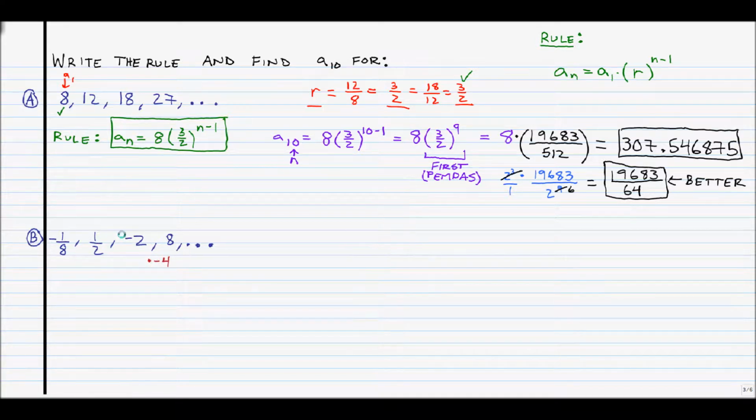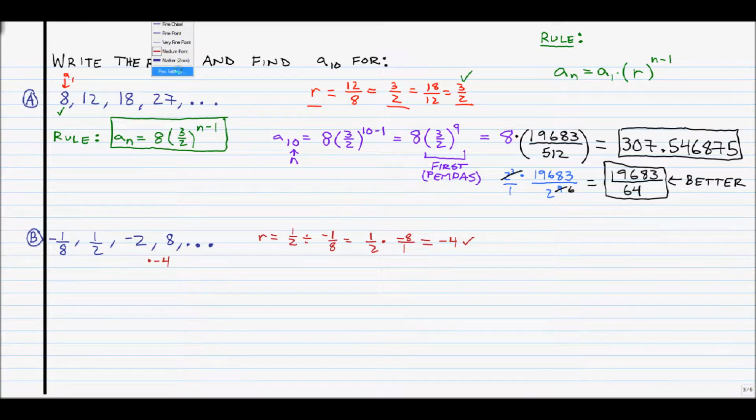Over on these, though, not so obvious. So let's just check it really fast. Not that you always have to do this. If it's obvious, go for it. But for the ratio, we take the second term and divide by the first term. That's the same thing as 1/2 times -8 over 1, which would be -8 over 2, which is -4. So looks like my ratio is -4. Very cool.